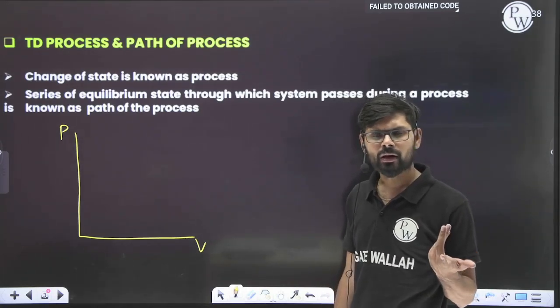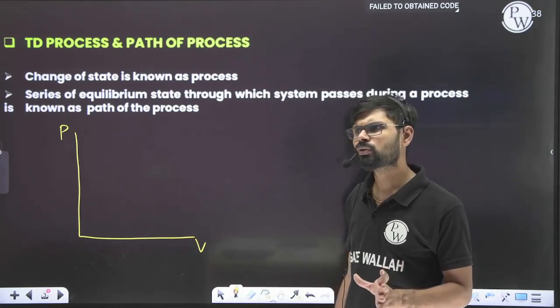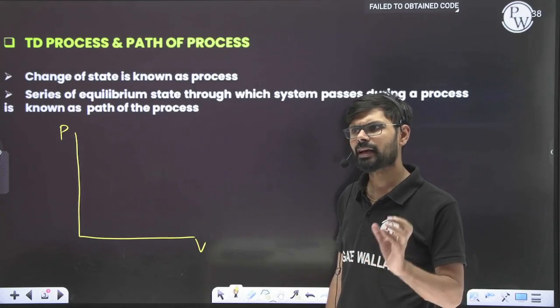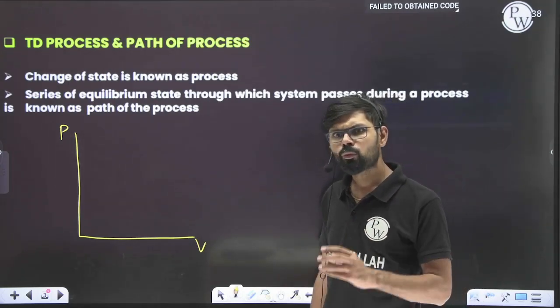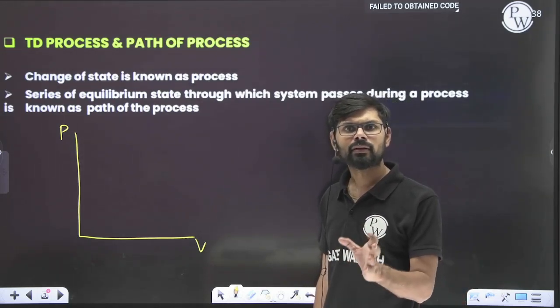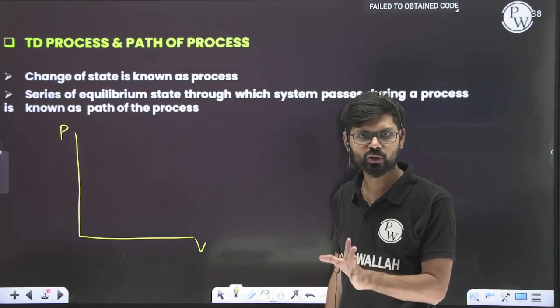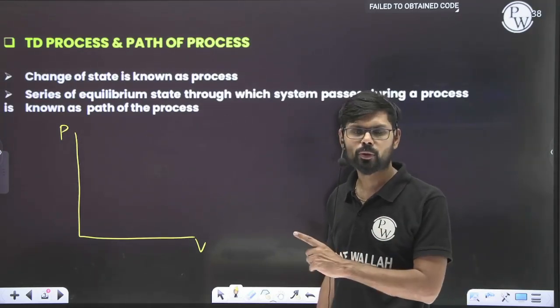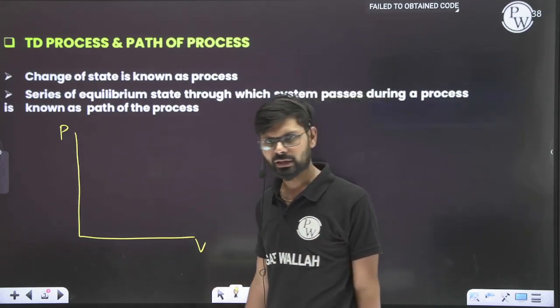No. P and work diagram. No, there is nothing like that. Even in some books they actually did this to make you understand a particular concept, but from an analysis point of view, those diagrams are not used. We only use the property diagram where the coordinates are always properties.